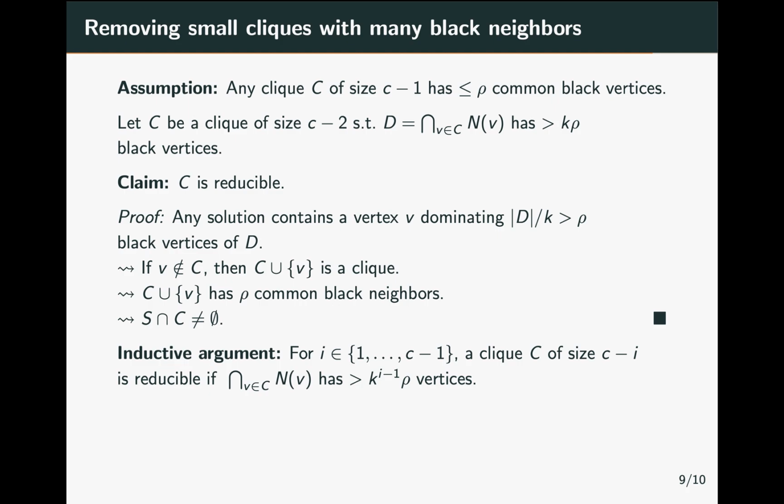Actually, we can repeat this argument to show that a clique of size c minus i is reducible if its common neighborhood has a lot of black vertices. In particular, this means that for i equal to c minus 1, each vertex is adjacent to at most k to the c minus 2 times rho black vertices.